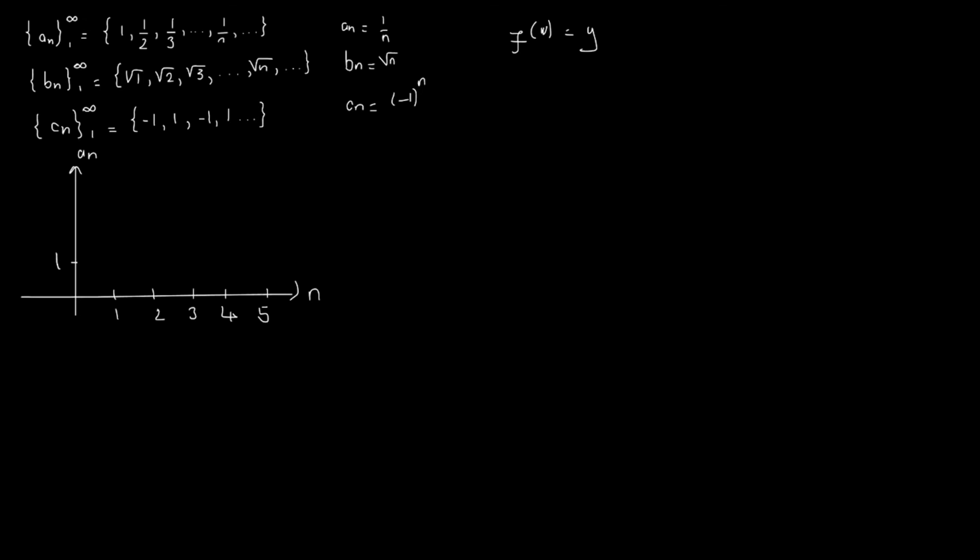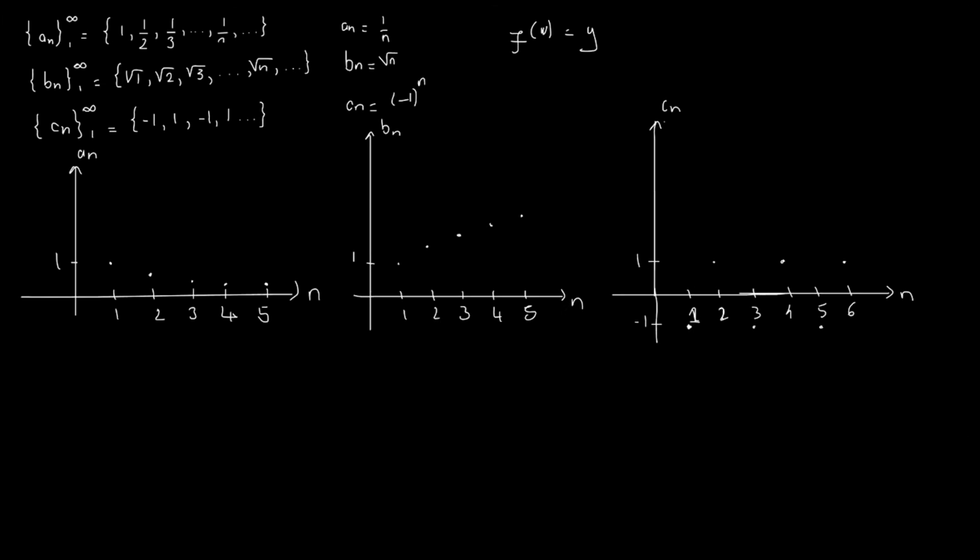For sequence an, the first term is 1, so it goes here. The second term is a half, so it goes about here. Third term, a third. Fourth term, a fourth. And fifth term. Okay, now let's draw the other two.